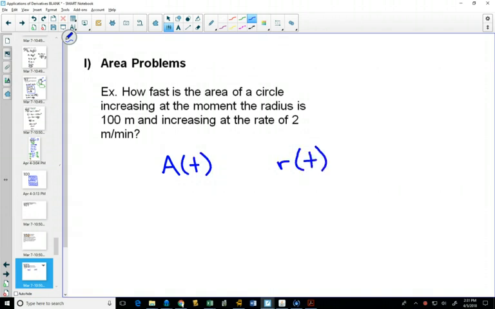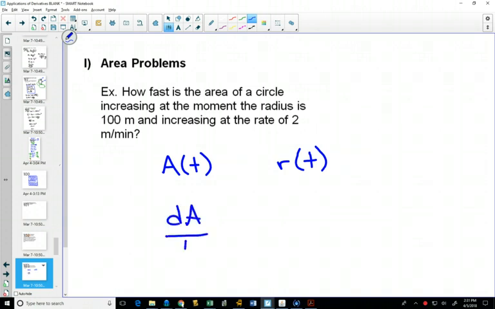But we don't know what those equations are, and we won't figure them out. But we're told that area changes with time and radius changes with time. That means there exists some function for area in terms of time, and some function for radius in terms of time.